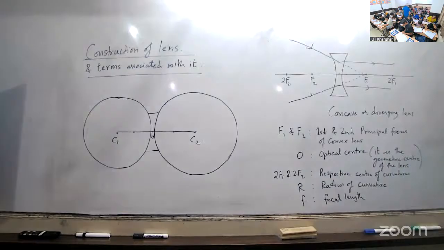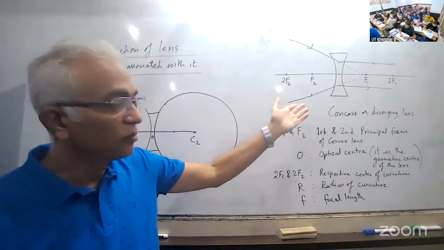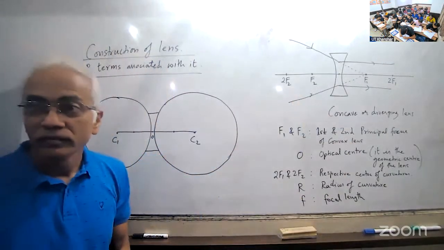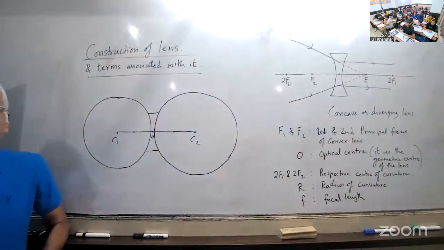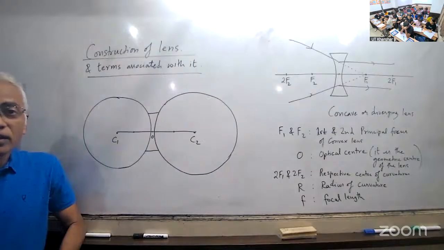Now what we're going to do is image formation. Can somebody explain how this ray became parallel in this case? How are the rays becoming parallel?